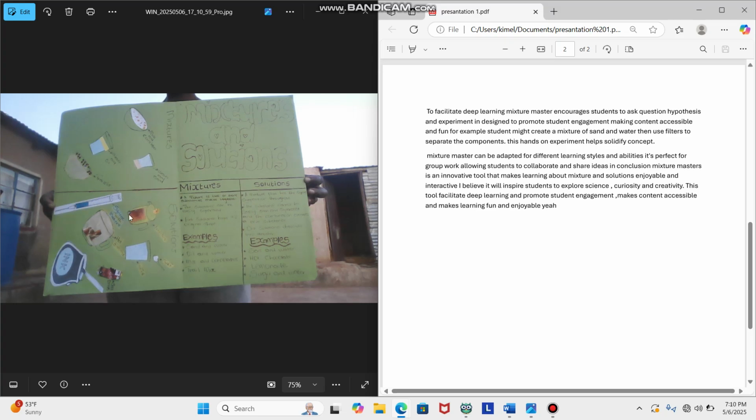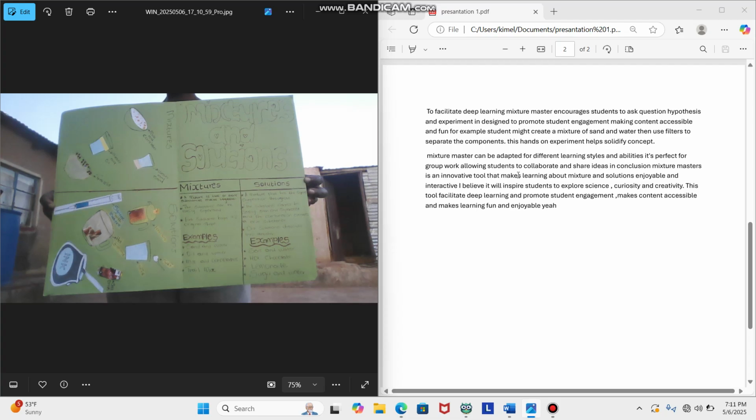A solution is something that you cannot separate very easily, or you cannot tell that this and that substance were mixed. But a mixture is different because you can tell that there was a mixture of more than one substance. So this board will help you to clarify that confusion when it comes to mixtures and solutions.